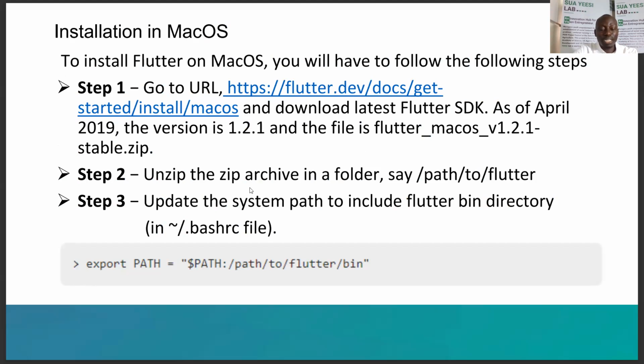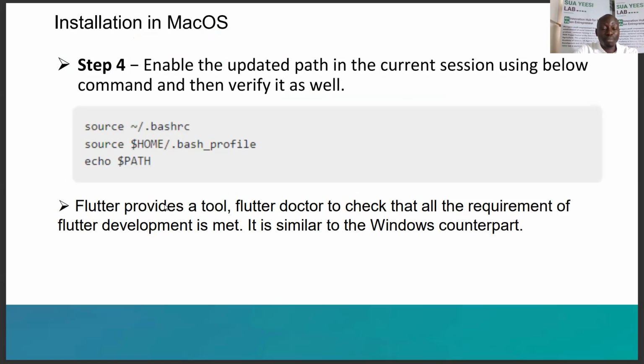Step number 2, same as Flutter installation on a Windows computer, you need to unzip first and then select where you want to store your downloaded folder. Step number 3, you need to update the system path to include the Flutter bin directory. Again, this is a very important step for Flutter installation on Windows and macOS-based computers.